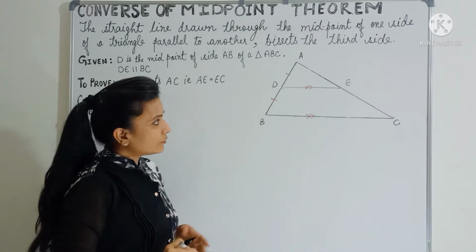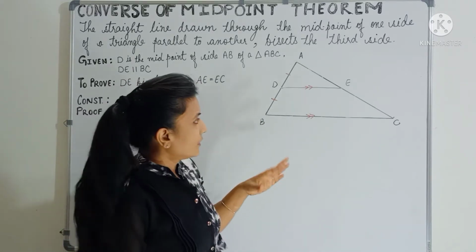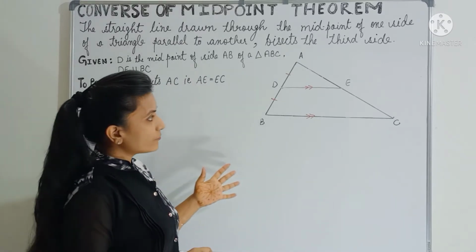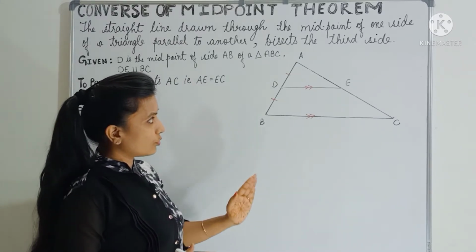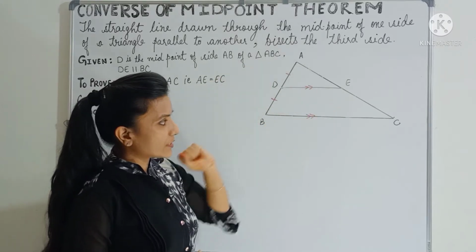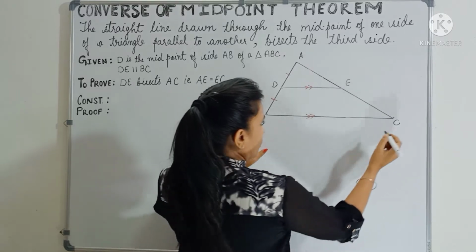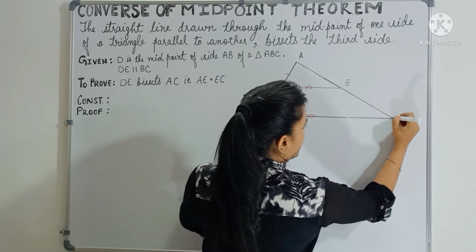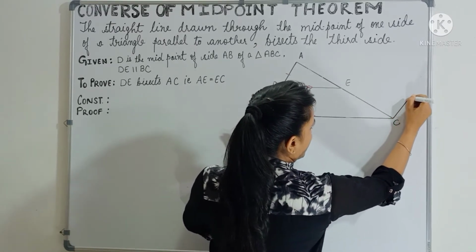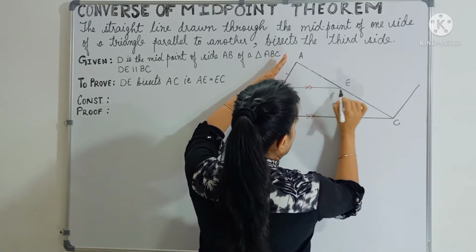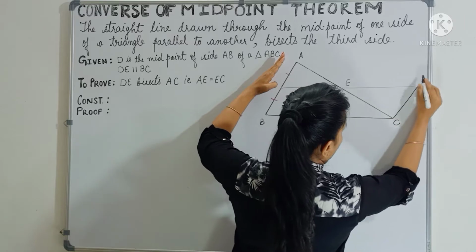Again, like the way we did in the midpoint theorem, the given information is not enough to show that AE is equal to EC, right? So here also we will draw a line from C parallel to BA, and we will produce DE to F.